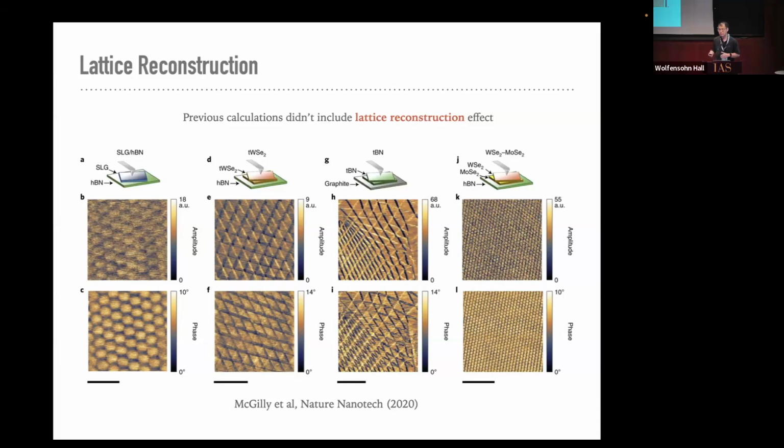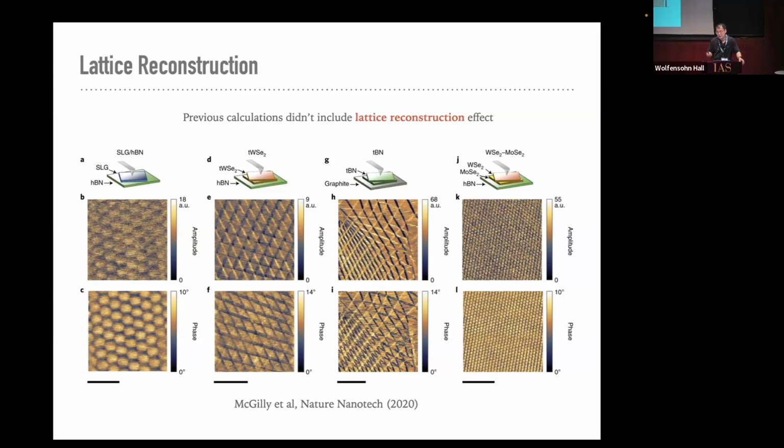The physics is actually very simple, right? Because if you do a twist, then there are all kinds of stacking. Some stacking are energetically more favorable, and some cost more energy. So naturally, the system wants to grow those stackings with lower energy. But once you grow, then you will have deformation, so it's going to cost elastic energy.